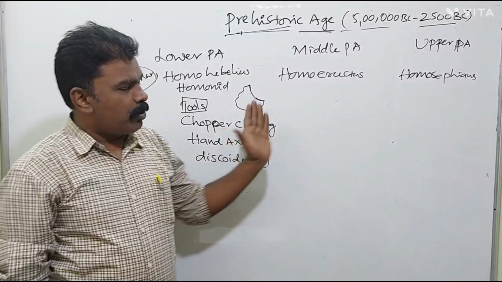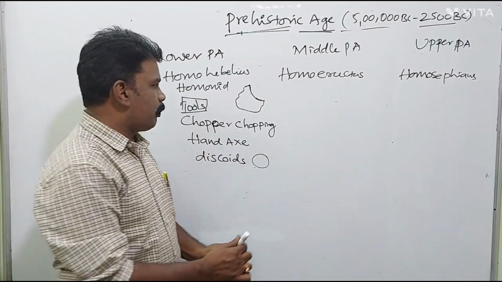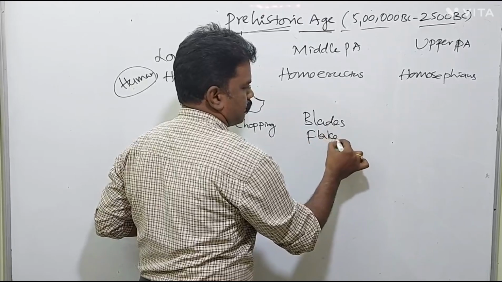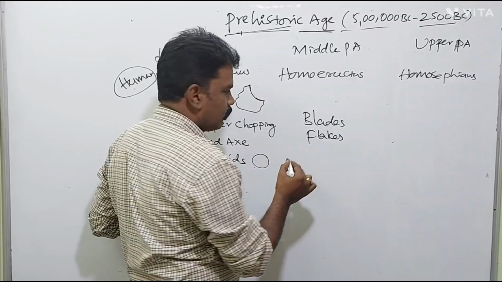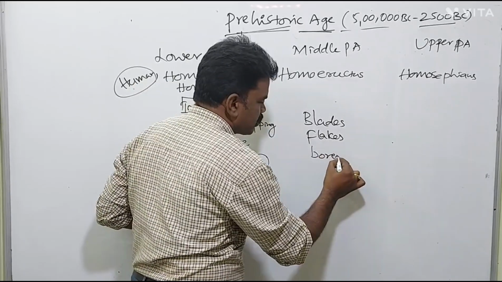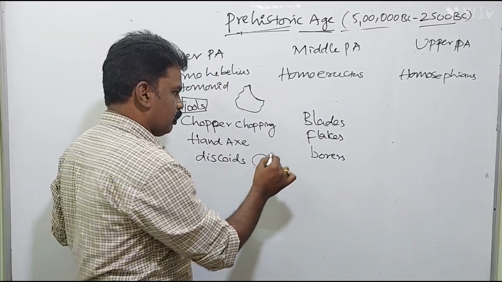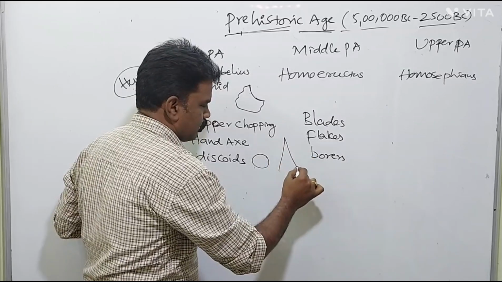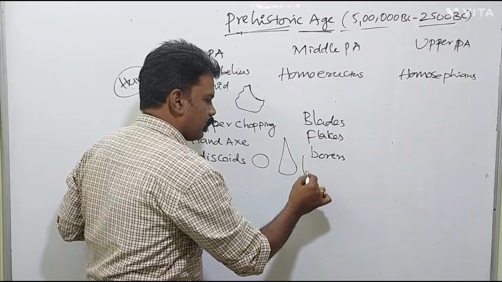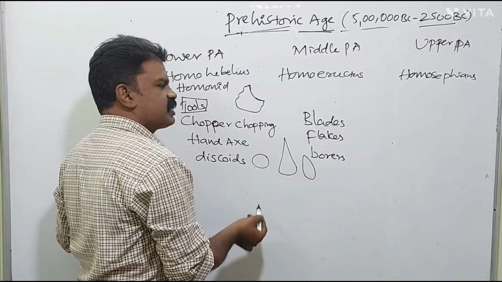Next, the tool typology of the Homo erectus period. They used blades, flakes, and also borers. These are U-shaped and V-shaped, in different shapes.